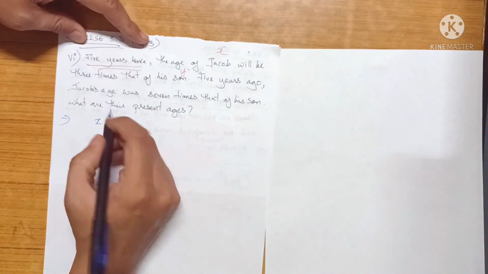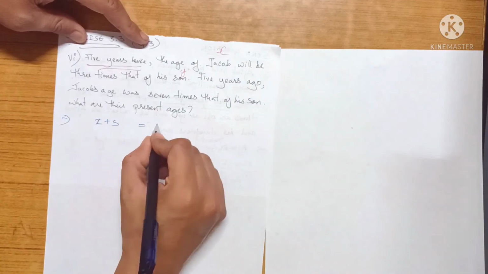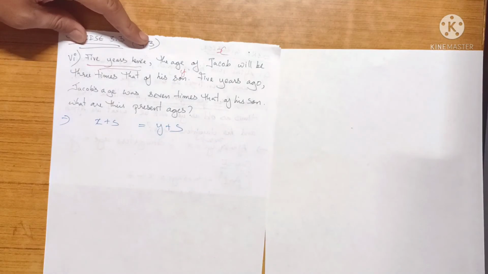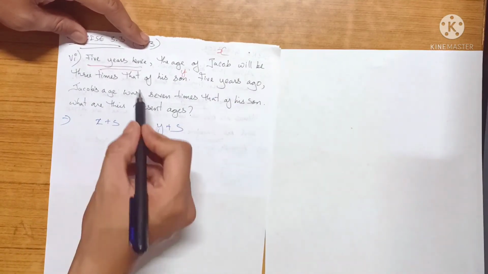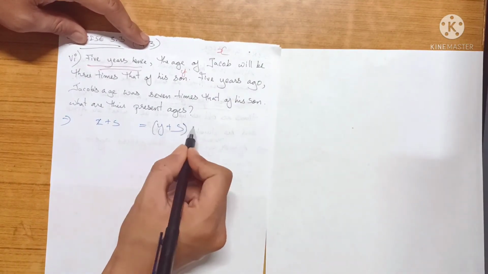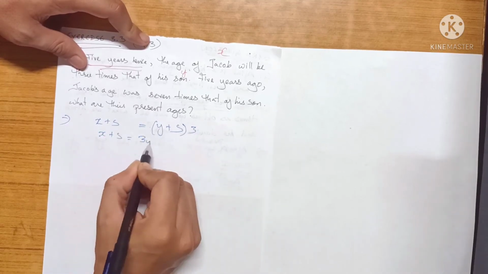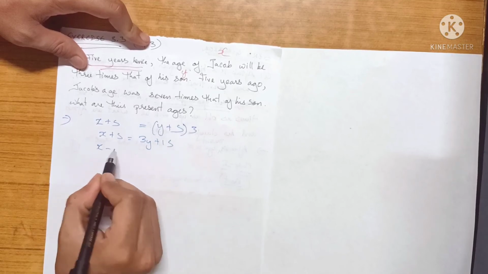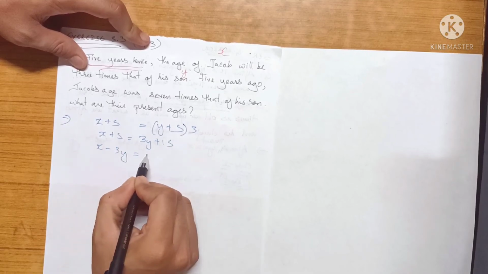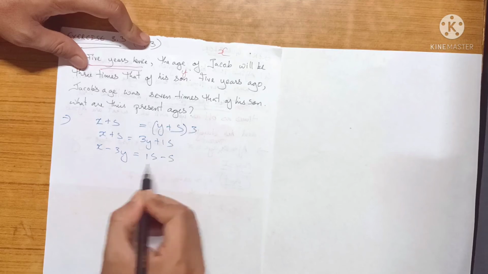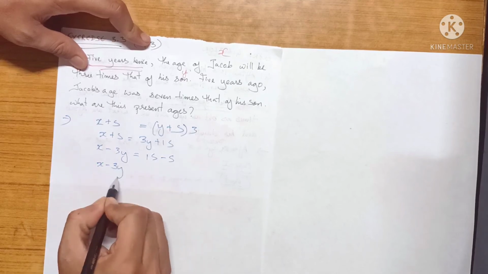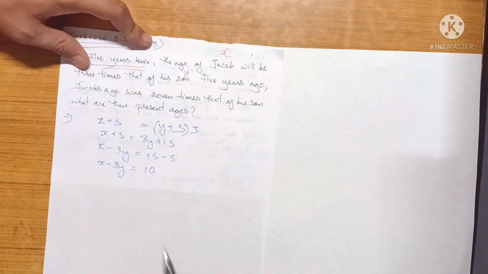So x plus 5 equal to y plus 5 first, and then 3 times of his son, so 3 we put on the son's side, that will be same one. So x plus 5 equal to 3y plus 15, x minus 3y equal to 15 minus 5, x minus 3y equal to 10.